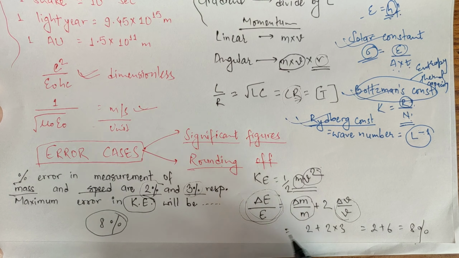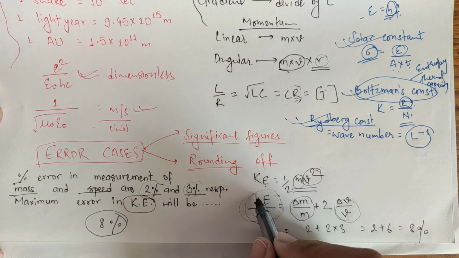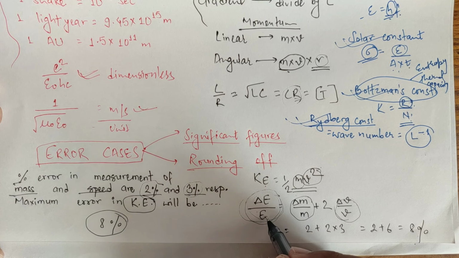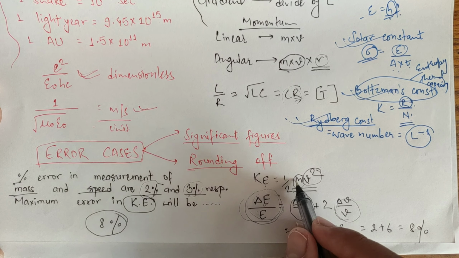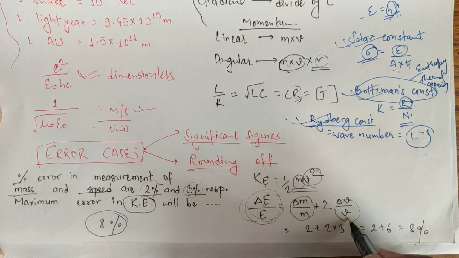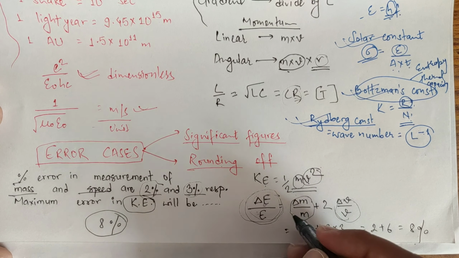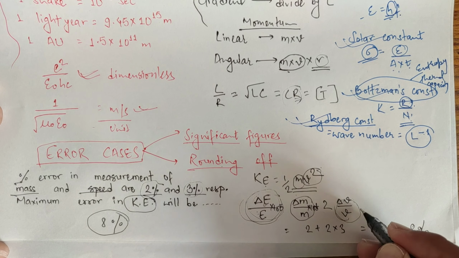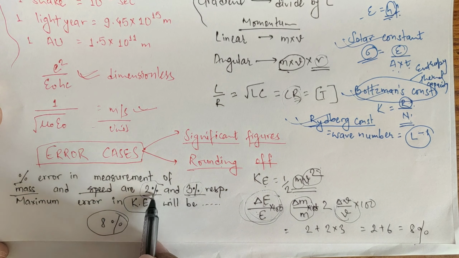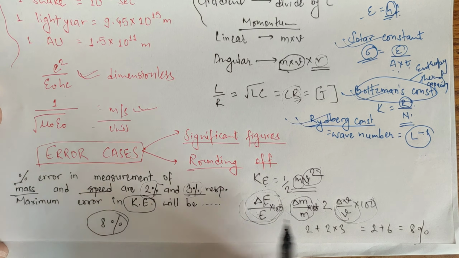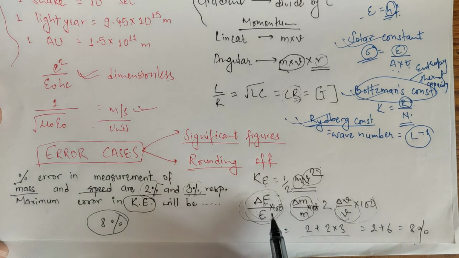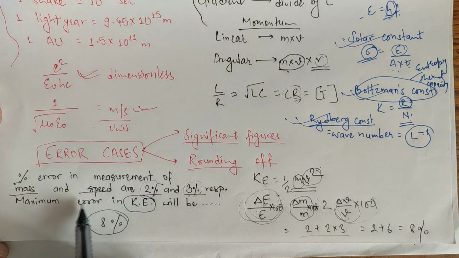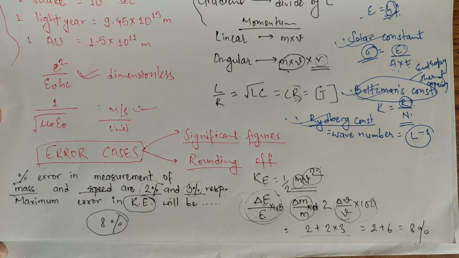If you are still confused, then write this formula: del E by E, del M by M, del V by V, with the power multiplied, and then you multiply by 100%. Then the percentage is given as 3%, and 2%, and you will solve and get 8%, which is the required maximum error in kinetic energy.